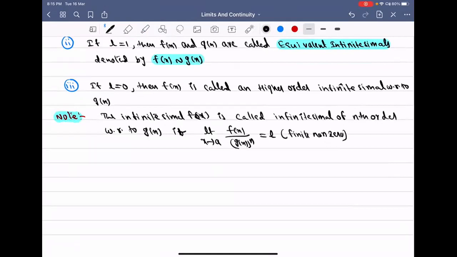Now, what is the application of infinitesimals to limits?